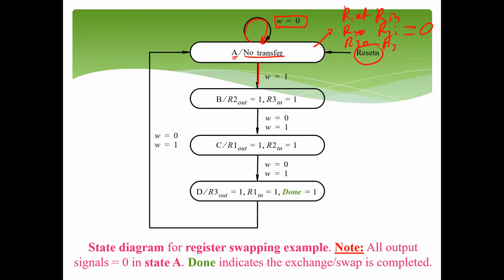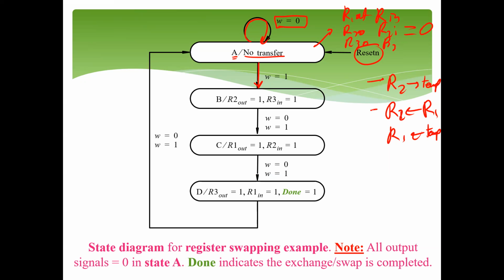Now, if W equals 1, move to the next state, which is do the swap. Now, the swap, as we saw, consists of 3 steps. First, one of the registers will write the value to the temp, and then the second register will take the value of R1, and then R1 will take the value from temp.